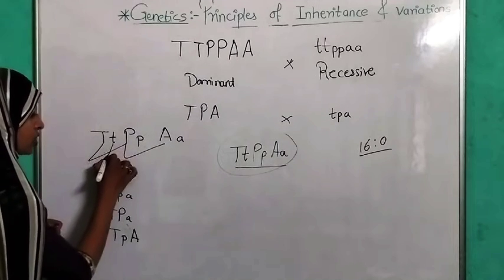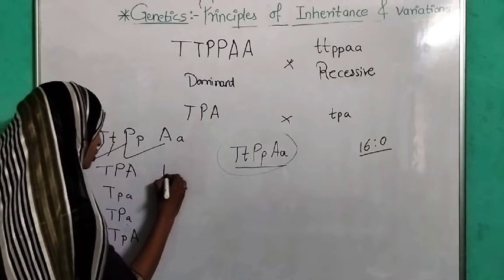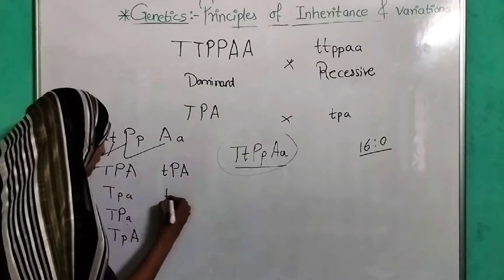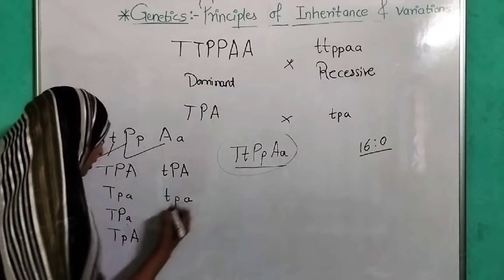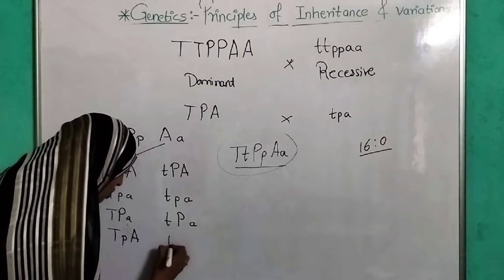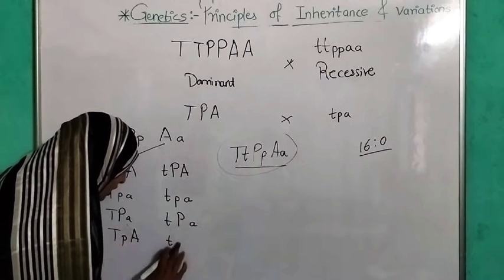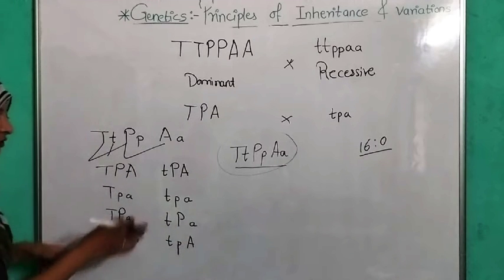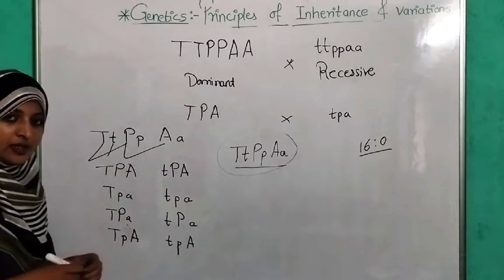Now small t, capital P, capital A; small t, small p, small a; small t, capital P, small a; small t, small p and capital A. We get 8 different alleles here.